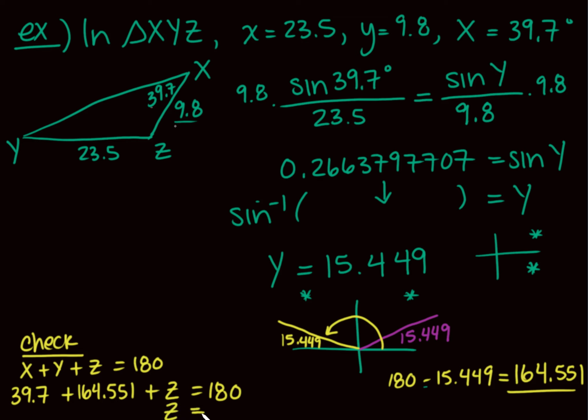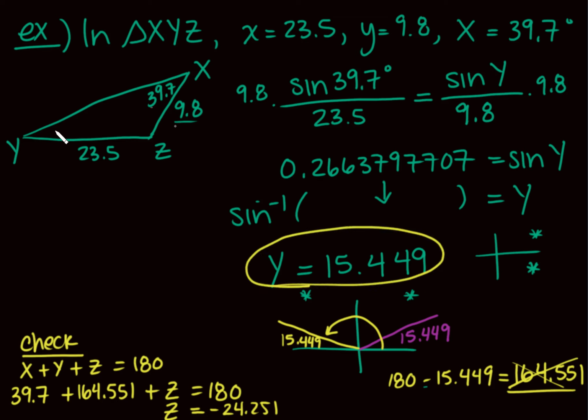If I take 180 minus 164.551 minus 39.7, I get negative 24.251, which obviously can't happen in a triangle. So we throw this solution out. My 15 is going to be fine. My 15 plus 39.7 isn't going to be an issue for me. So I have to throw this possibility out, and I'm just going to go with this angle for y.